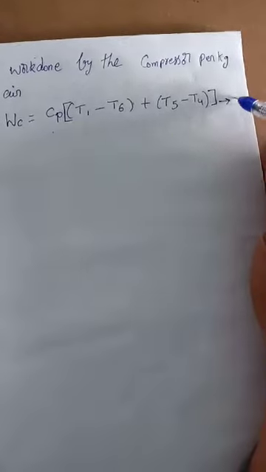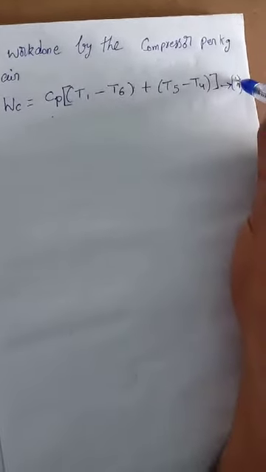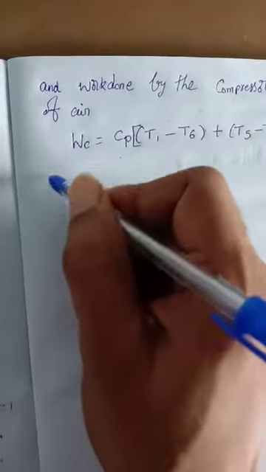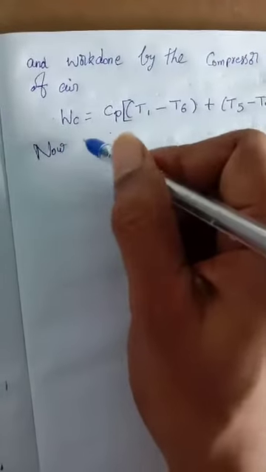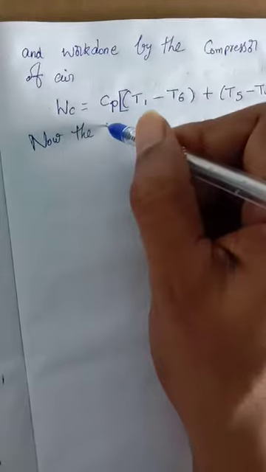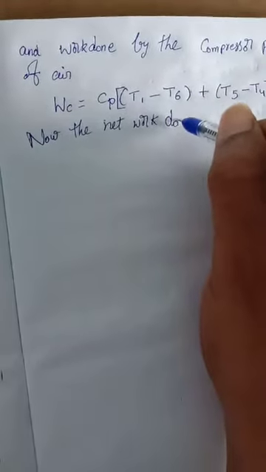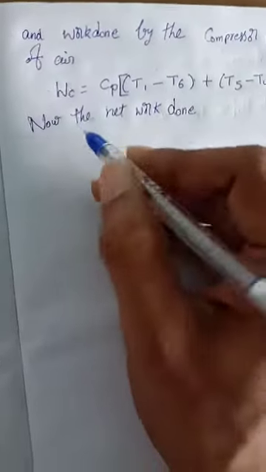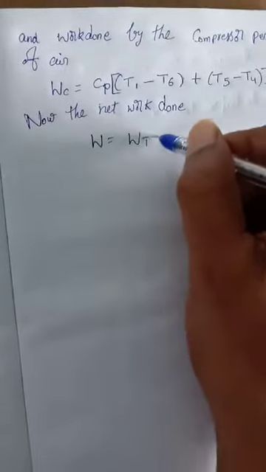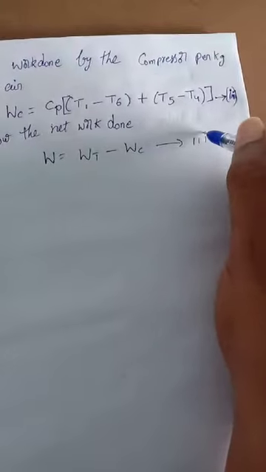We can put this as equation number 2. Now the net work done is W equal to Wt minus Wc. This is called equation number 3.